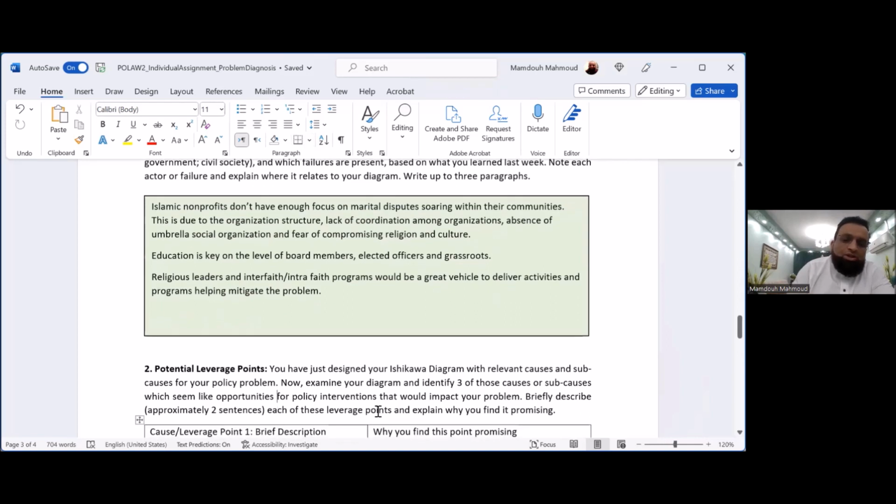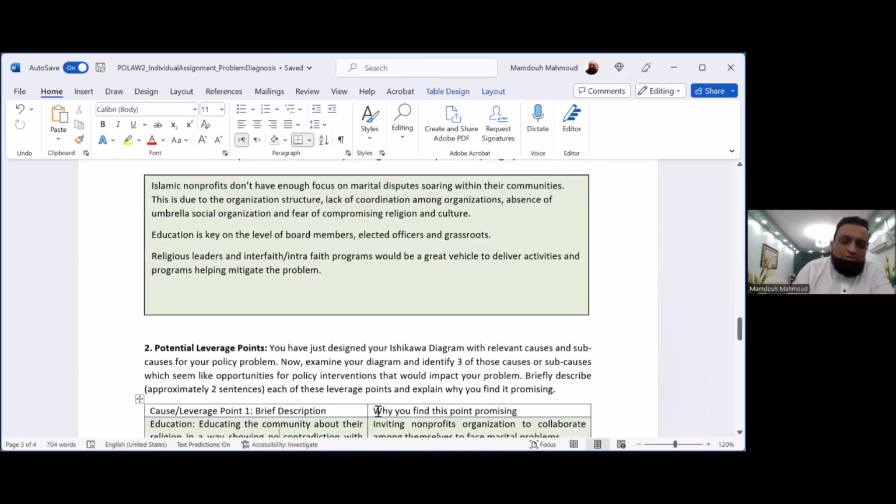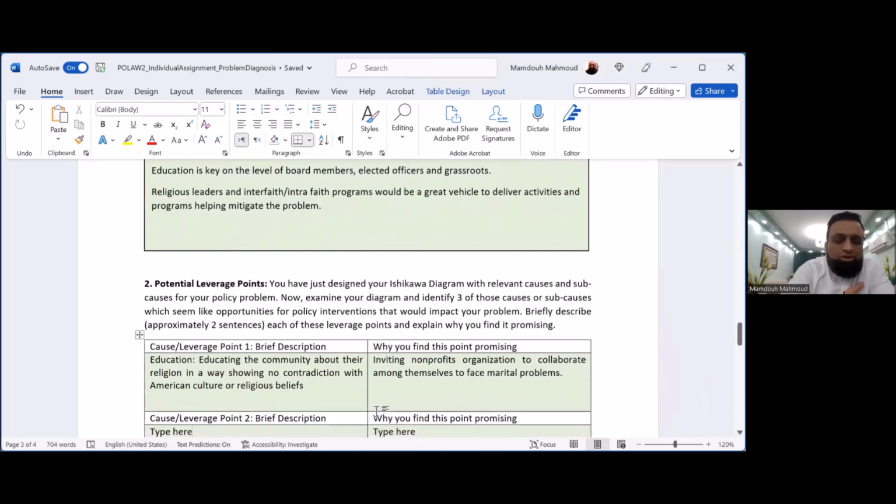Now there is a potential leverage point. What is the leverage point? What is a leverage? You have to design our program, our diagram, with relevant causes and subcauses for our policy problem. Now we'll have to examine the diagram and identify 3 of those causes or subcauses which seem like opportunities for policy intervention.